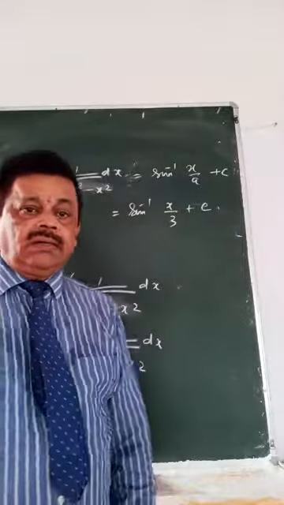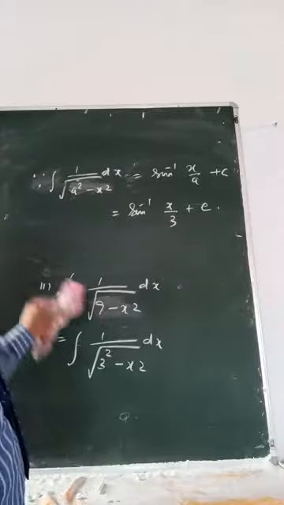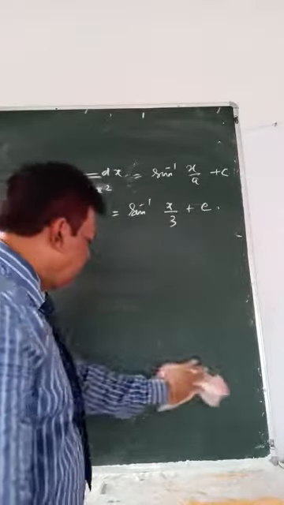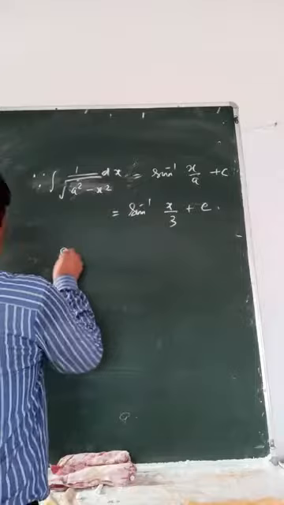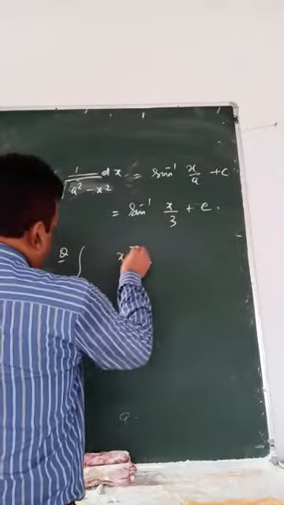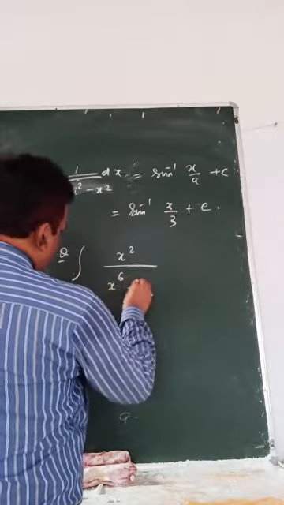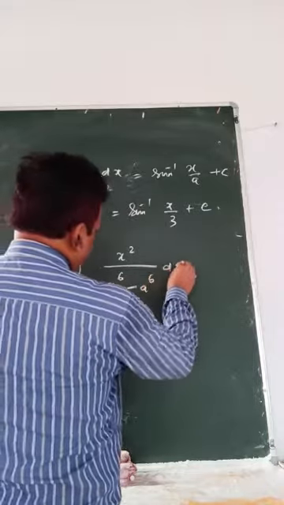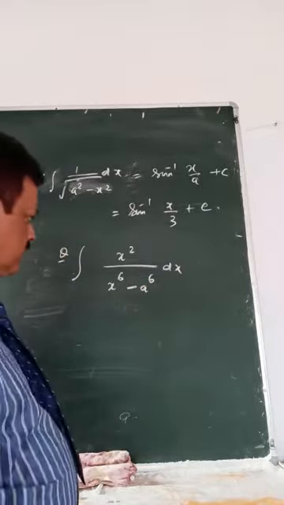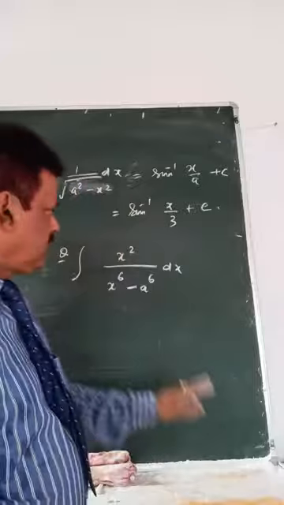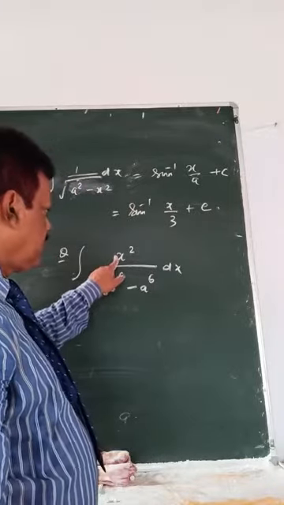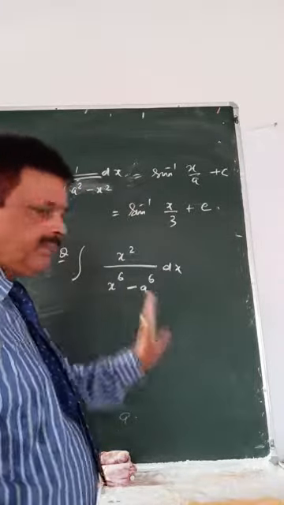Okay. Now, if I change the question a little bit: x square by x to the power 6 minus a to the power 6 dx. What to do? I told you the numerator should be 1 and this should be in square form.